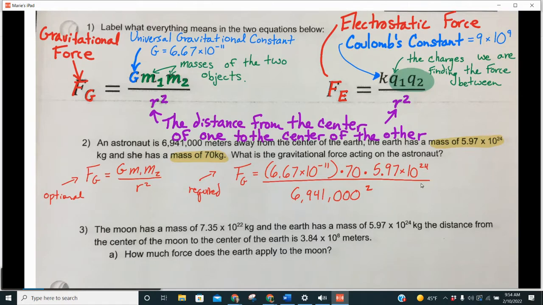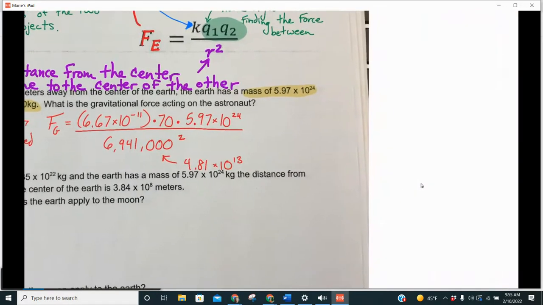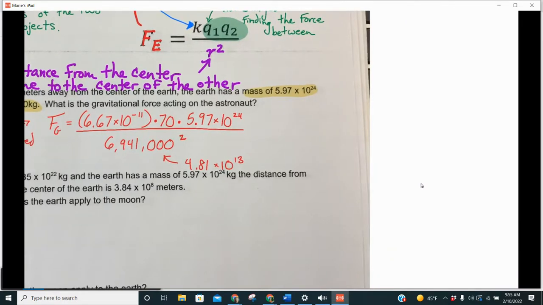When you go to square this, let's say I just square this number. I will get 4.81 times 10 to the 13th. This is something else I need to show you guys real quick. In my calculator right now, it looks like this. It says 4.8177, and so on, E13.